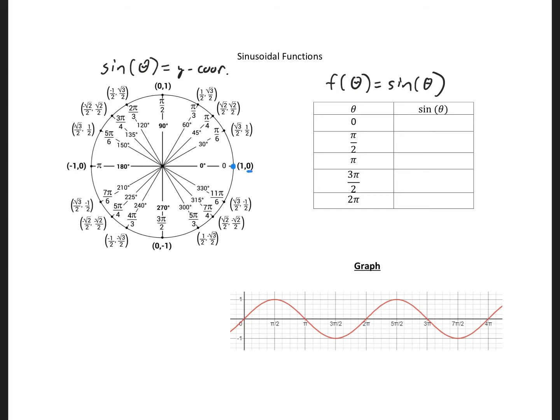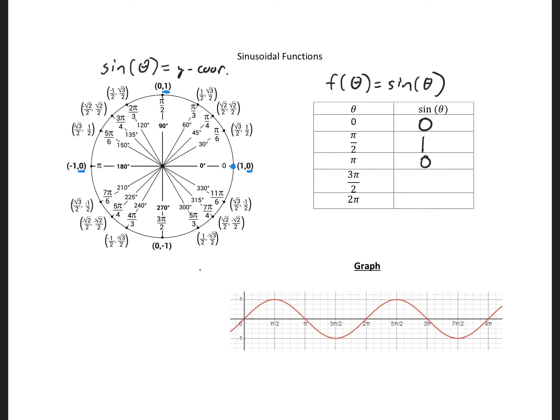So if I begin at 0, inputting 0 radians, the output is the y coordinate, which is 0. If I input pi over 2, the output would be this y coordinate, which is 1. Sine of pi over 2 is 1. Sine of pi would be 0.